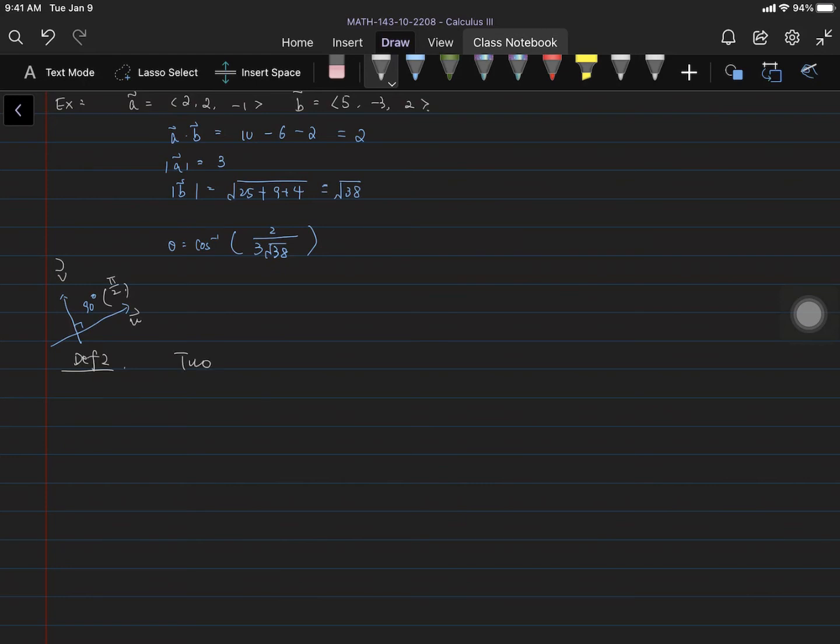Definition 2. Two non-zero vectors u and v are orthogonal or perpendicular if the angle between them is pi over 2.